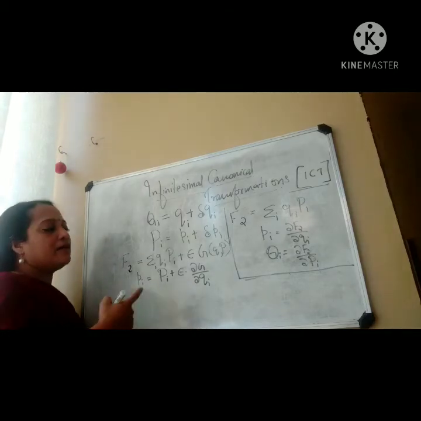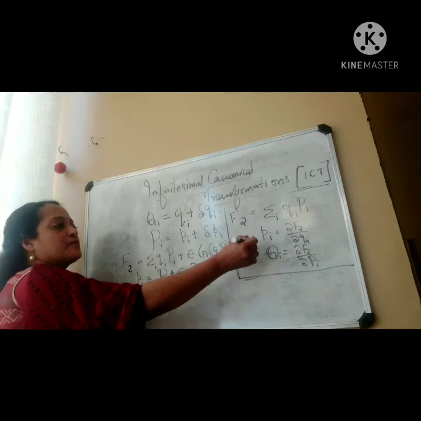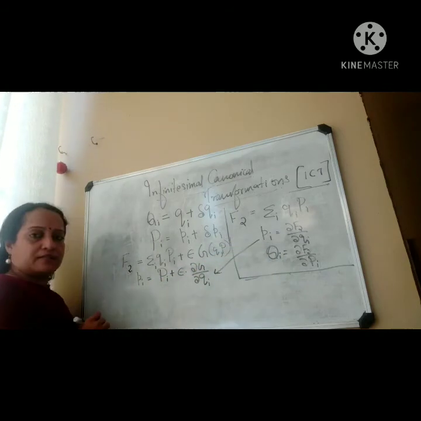This is the transformation equation, pi is equal to dou F2 by dou qi, and using this relation we have written it like this.